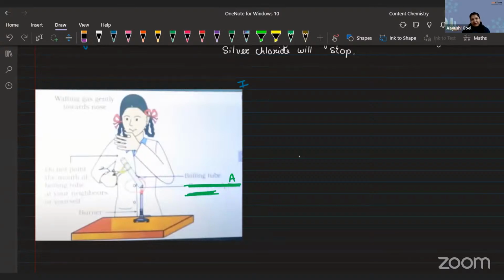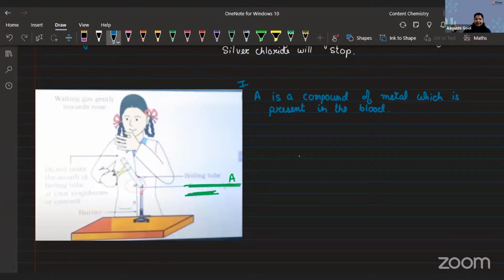A is a compound, let's say, a compound of a metal which is present in the blood.